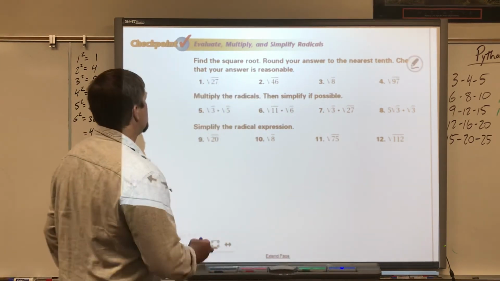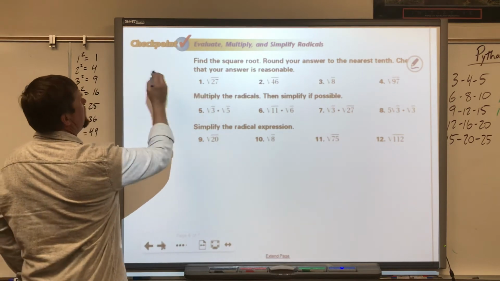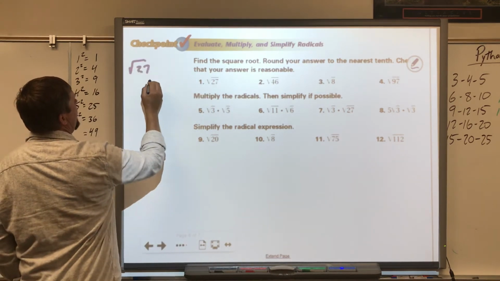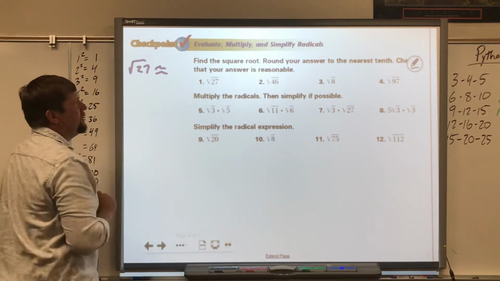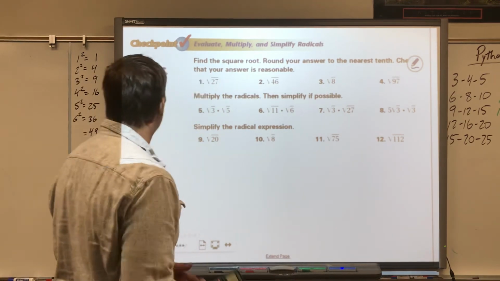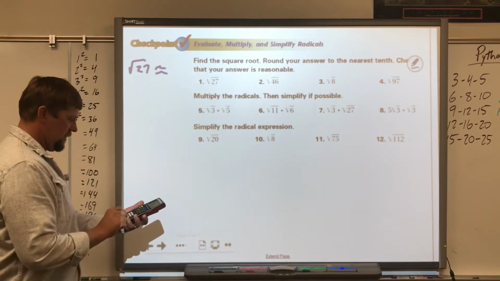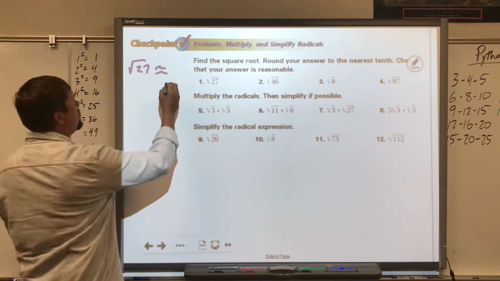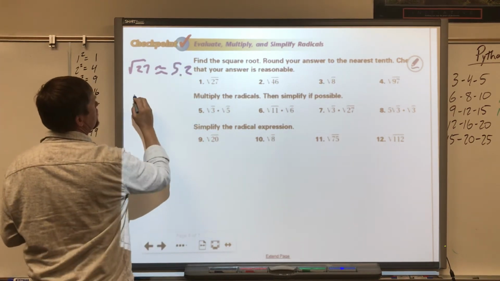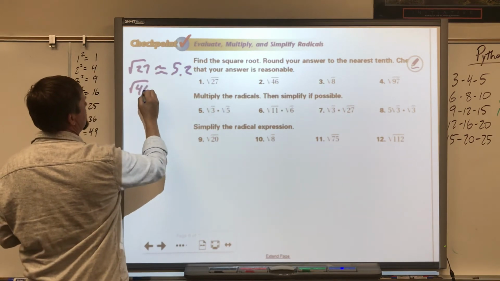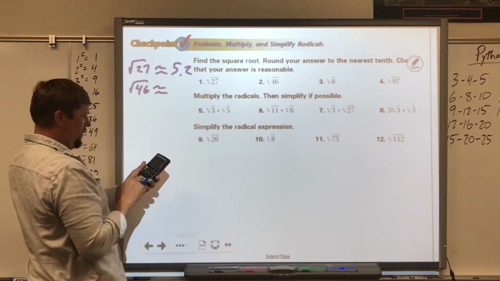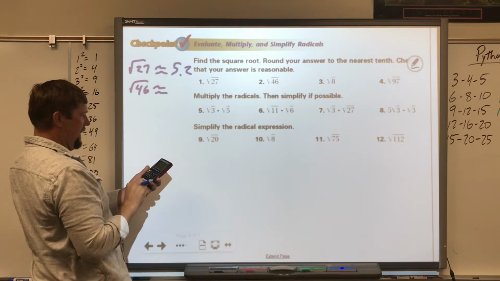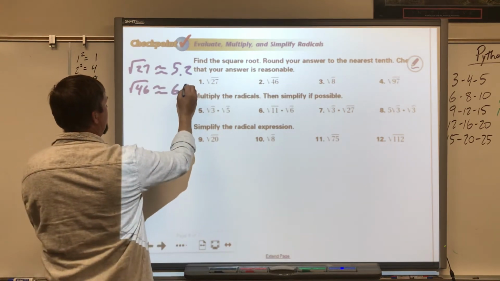It says here, find the square root. So the square root of 27, the approximate answer is 5.2. The square root of 46 is approximately, 46 raised to the 0.5 power, is 6.7.